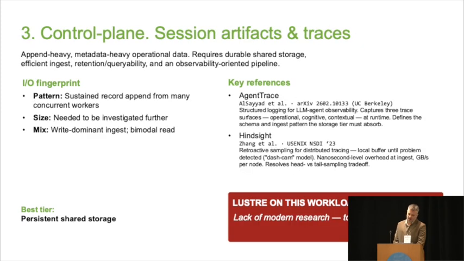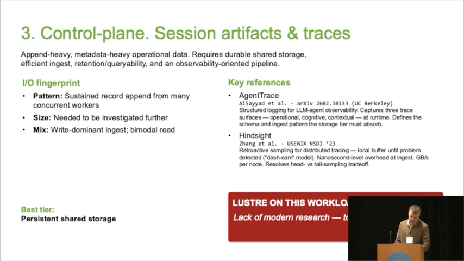Control plane, session artifact traces. The problem here is it's a gray zone for now because there is no sustainable demand from enterprises. The companies are still researching which type of data, how long they should store, and this workload needs some additional time to investigate.